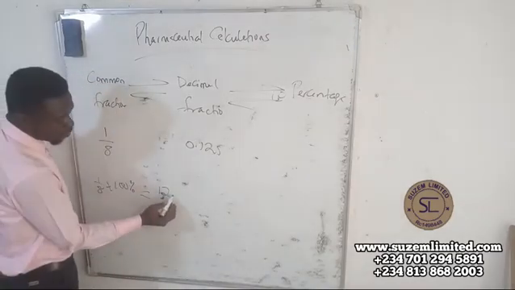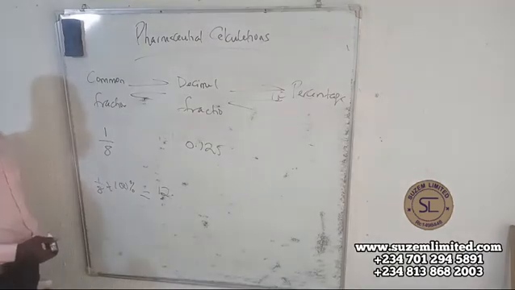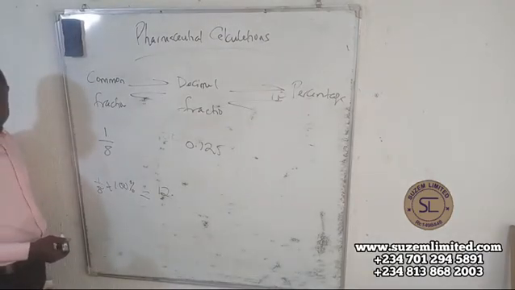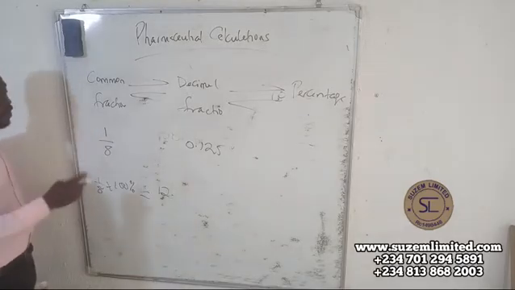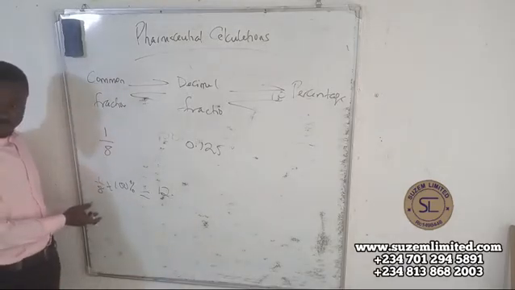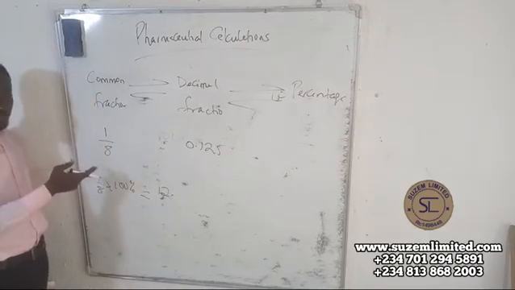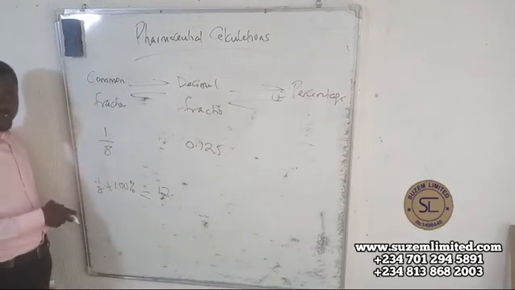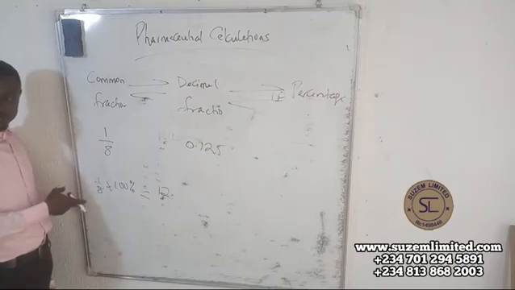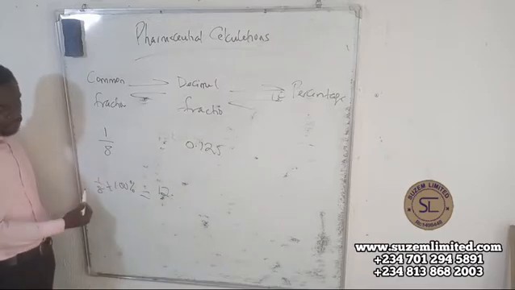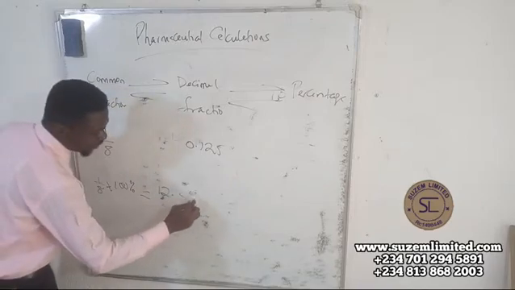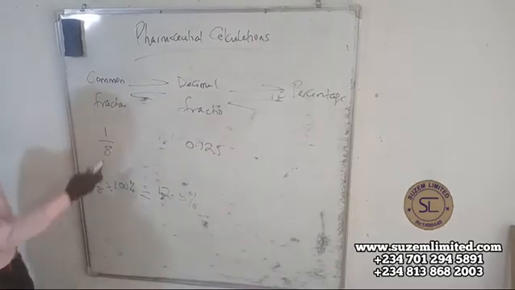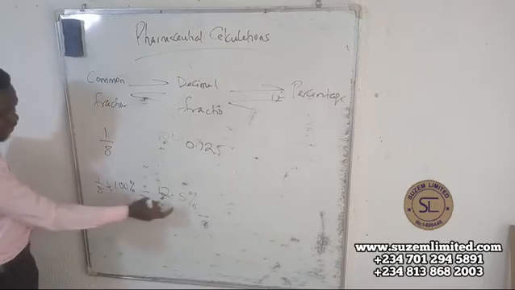Now remember we are working on base 10, so you multiply that remainder times the base. The remainder is 4. The base is 10. 4 times 10 is 40. So 40 divided by 8 is 5. So we have 12.5 percent. If you multiply this by 100, it will give you 12.5%.